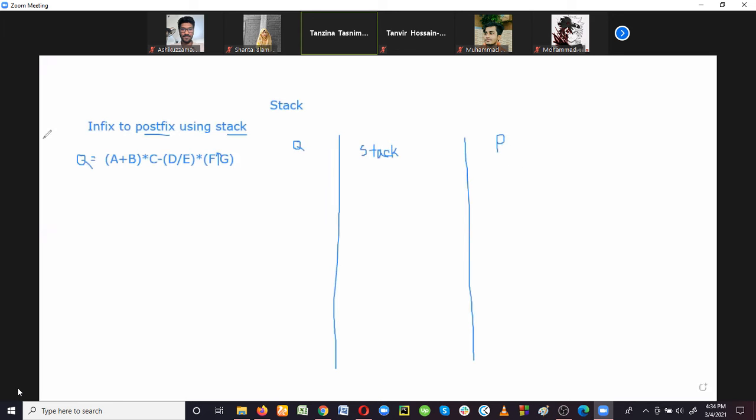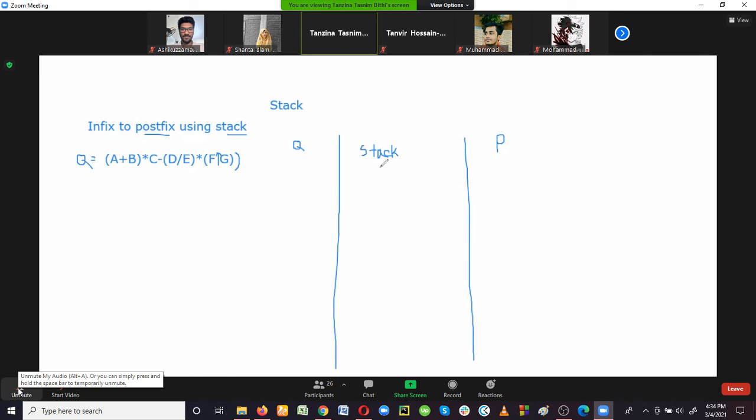So we have to use an algorithm here, right? The first step of the algorithm is to add a right parenthesis at the end of the infix notation and add a left parenthesis at the top of the stack. Initially the stack is empty, so we can add a left parenthesis here. Now we can start scanning the elements of the infix notation.